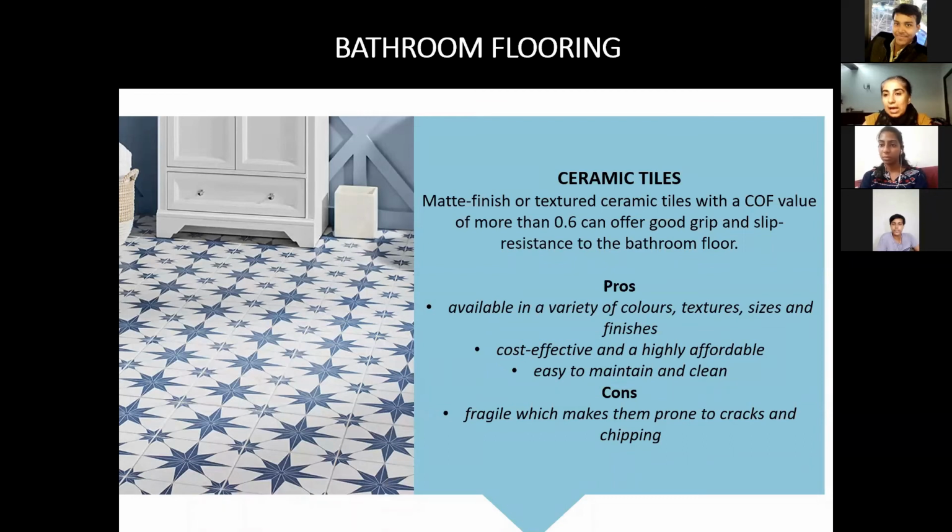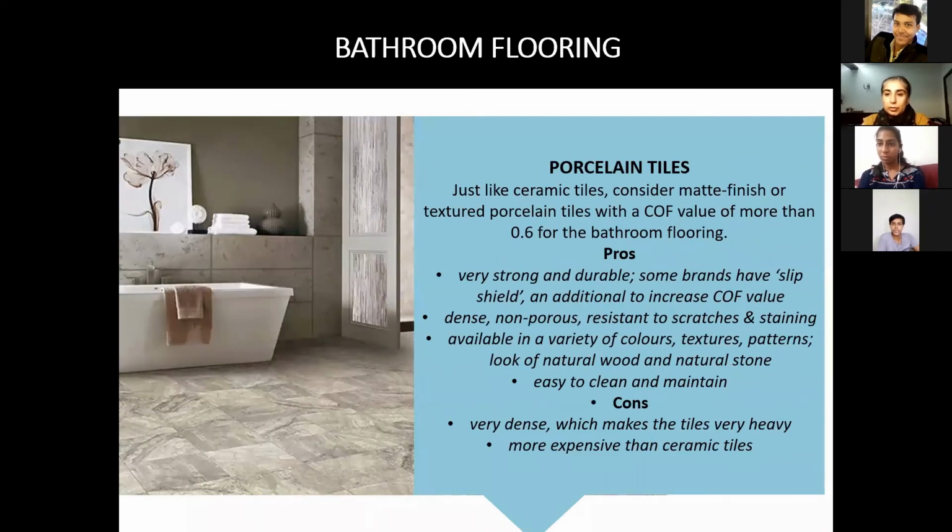As an alternate to ceramic tiles, we can use porcelain tiles, which just like ceramic tiles, we can consider matte finish or textured porcelain tiles with a COF value of more than 0.6 for bathroom flooring and other wet areas. Now, the pros of porcelain tiles happen to be that they're very strong and durable. Some brands have slip shields added to them, which provides an additional layer to increase the COF value.